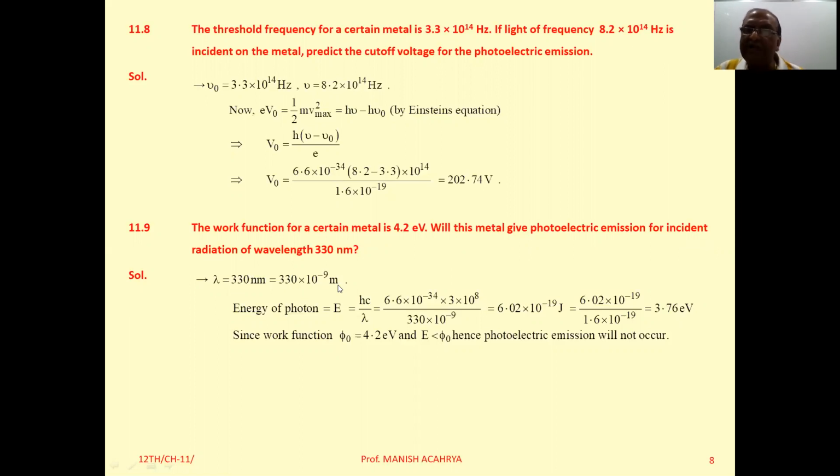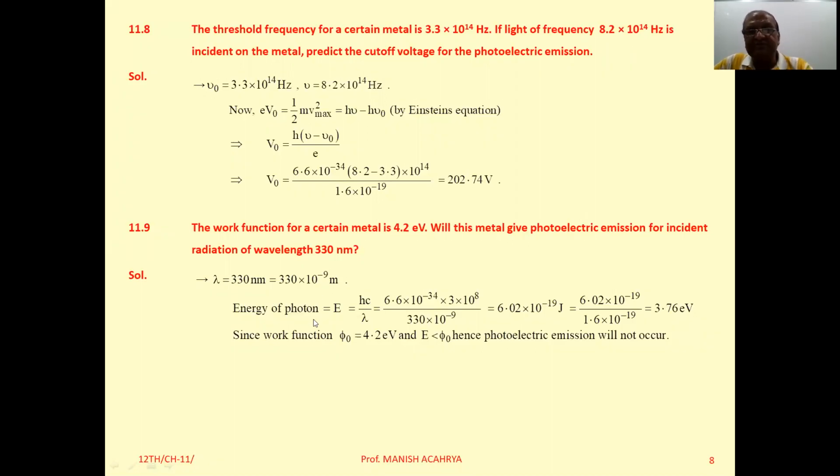So we have to calculate the energy of the photons in this radiation. And if the energy of this radiation is greater than the work function of the metal, then we will get the photoelectric emission, otherwise not. So let's check this thing.